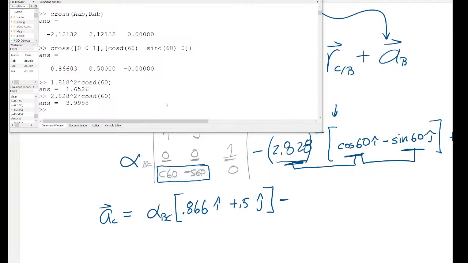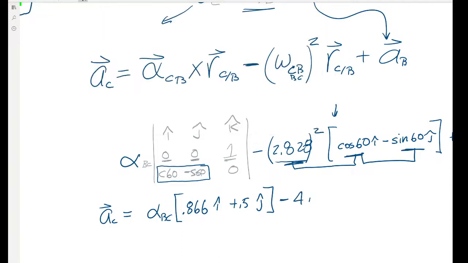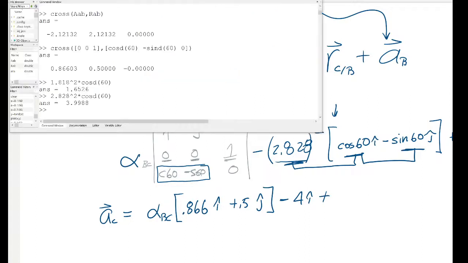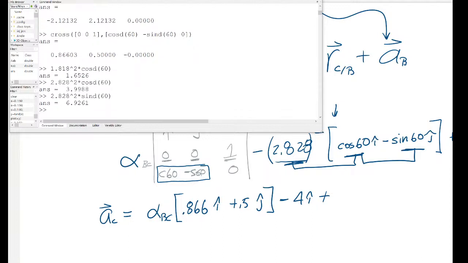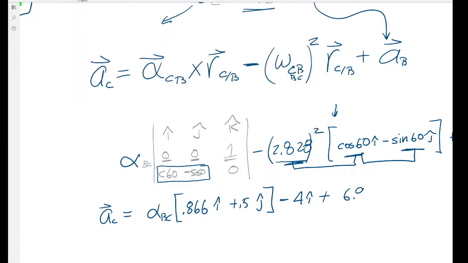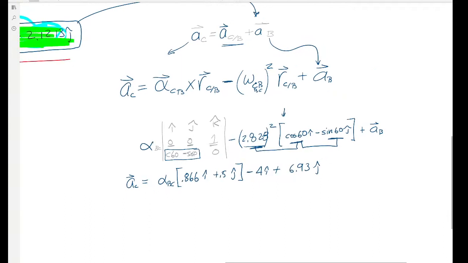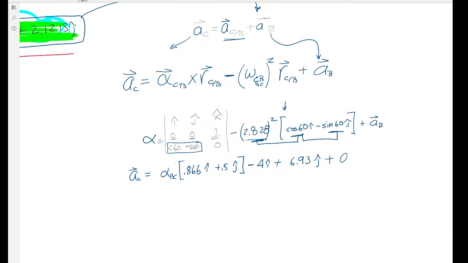So let's just say that's 4. Okay, minus 4i. And this will be a minus, so the next one's going to be plus. And so the question is, what is the sine? That's not going to be so even. That's 6.92. Let's make it 6.93j. Still have to carry my B for the ride. So I'm carrying my B for the ride.